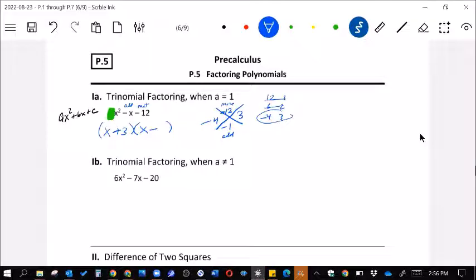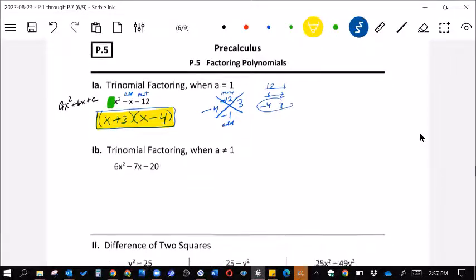I'll do that since I wrote the 3 already. -4. And so this becomes the factored form of x squared minus x minus 12. And if I wanted to take the time to do it, I would multiply it out and I would get -4x plus 3x, so it would be -1x, and I'd get -12 multiplying the last two.